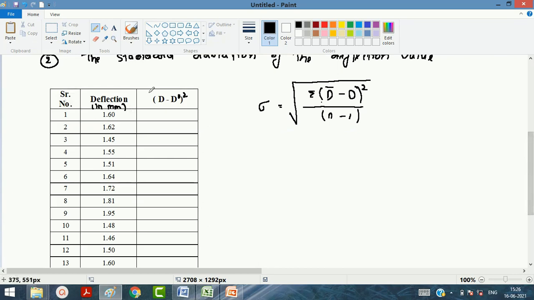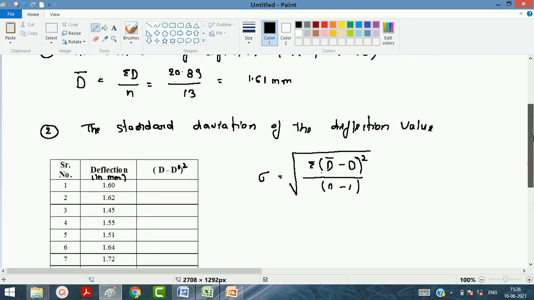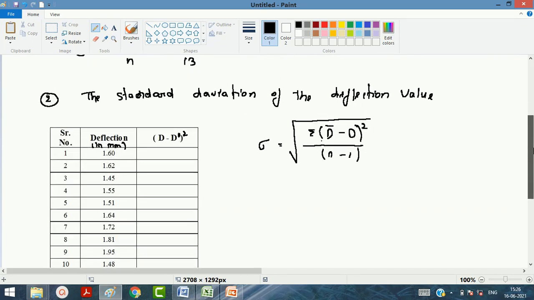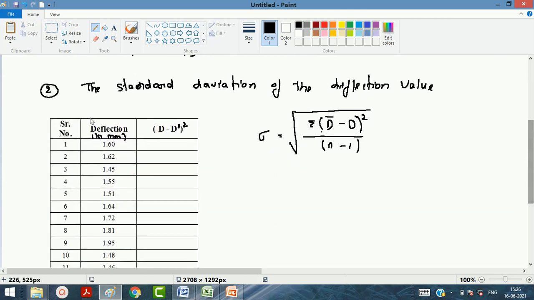The first value of d is 1.61, so 1.61 minus d bar, that is 1.60, the whole square. So the value we get is 0.0001.